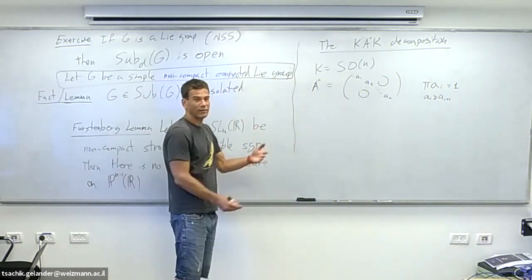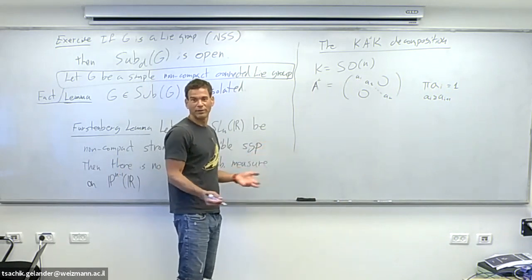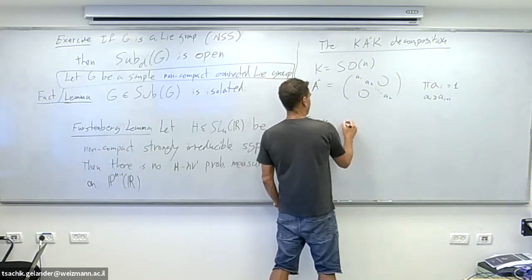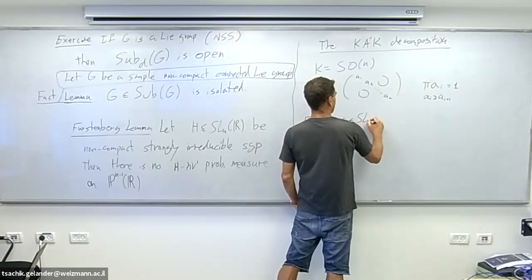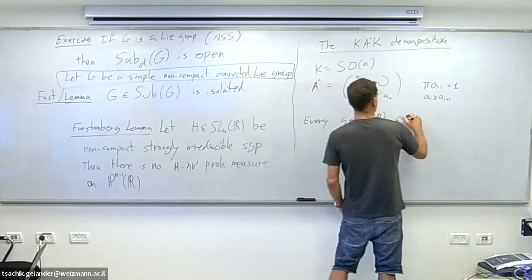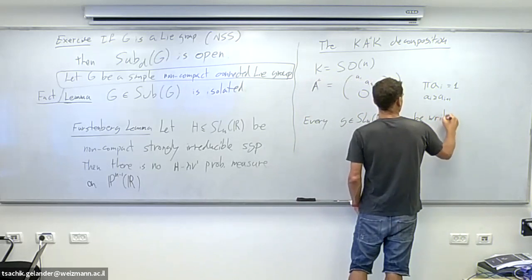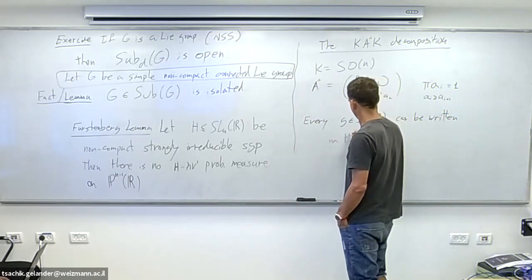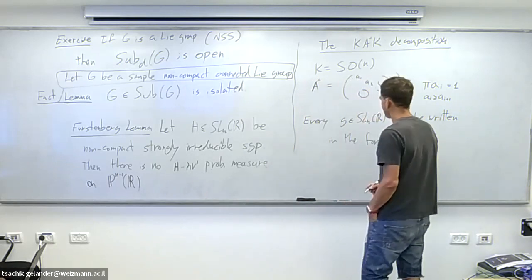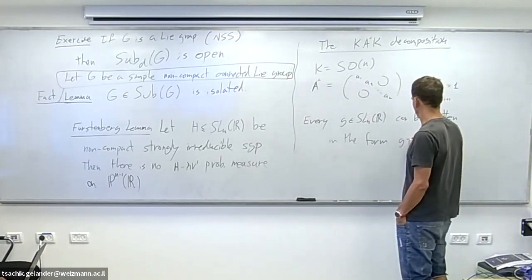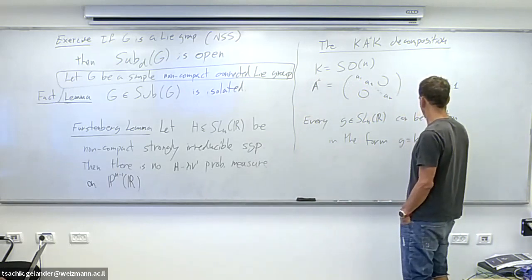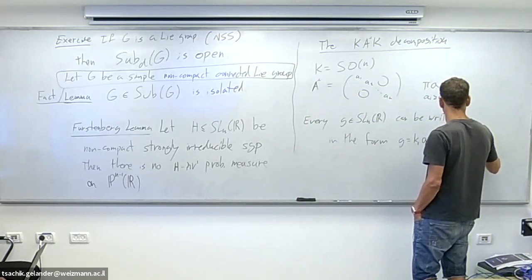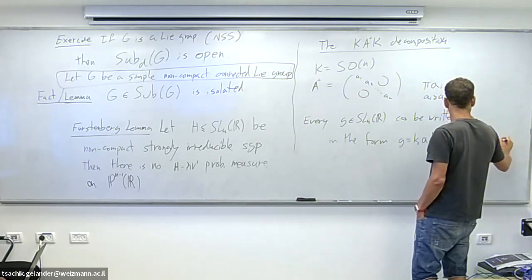And the fact that you know from linear algebra, and if you don't know, then it's an exercise you should do, is that every matrix g in SLN can be written in the form g equals K1 A K2, where Ki are in K, and A is in A plus.